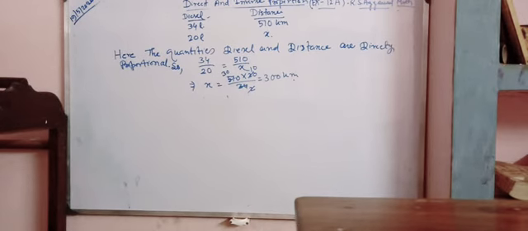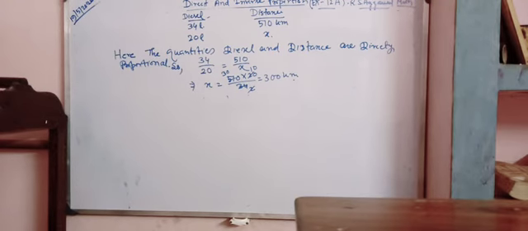Question number 4. A taxi covers a journey of 150 kilometer at a fare of rupees 1275. How much will it charge for a journey of 120 kilometer? Now here also two quantities are given, rupees and kilometer.